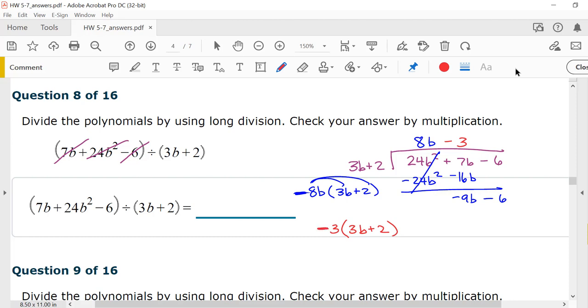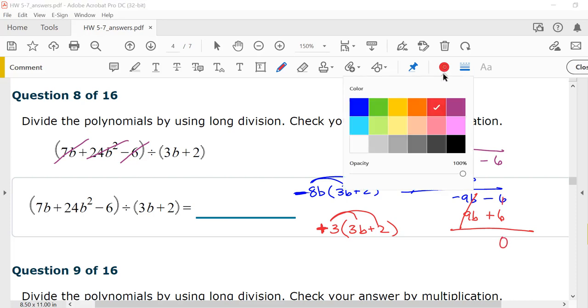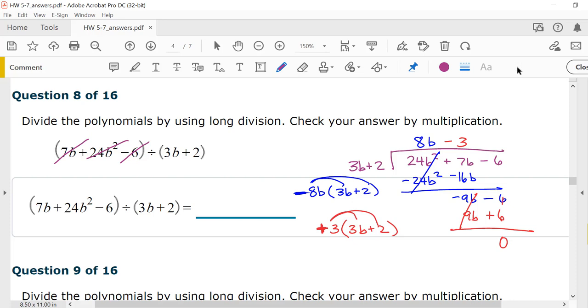So this one changes to a plus. I get 9b plus 6. My remainder on this one is 0. So my answer is just 8b minus 3.